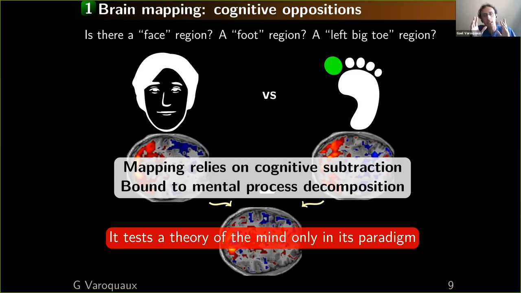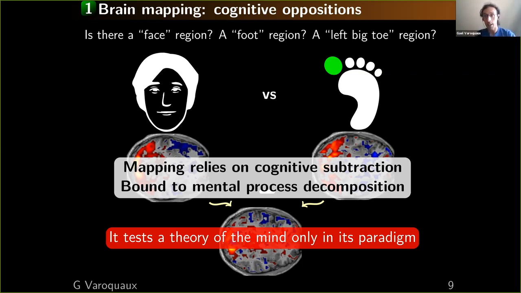But this is showing us the shortcoming of this approach, that our mapping using the standard analysis relies on cognitive subtraction. So basically the idea that between my two stimuli or my two conditions, there's a meaningful elementary cognitive difference, a meaningful elementary psychological manipulation.